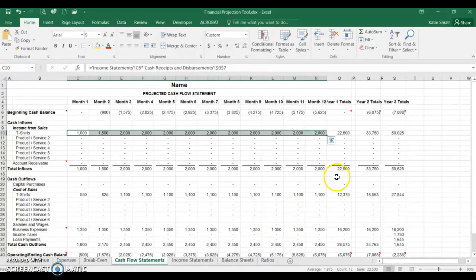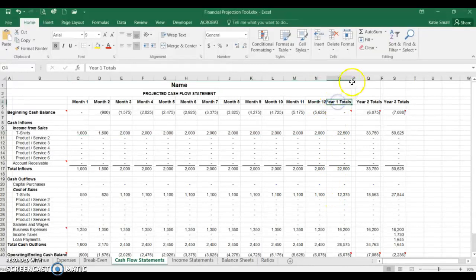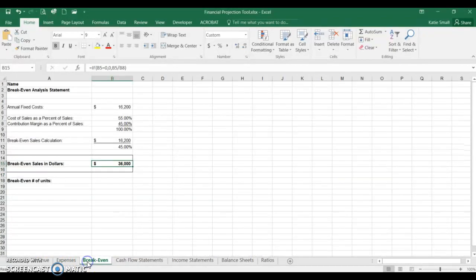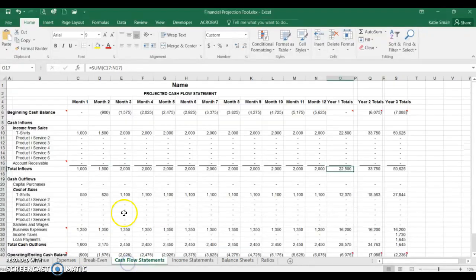So you can clearly see from this, it also has the year one totals here. I'll make that a little bit bigger. That in year one, we're going to have $22,500 in sales. Now look back here at this break even tab, you need $36,000 to break even. So you know from looking at this cash flow inflows, you are not going to break even in year one.